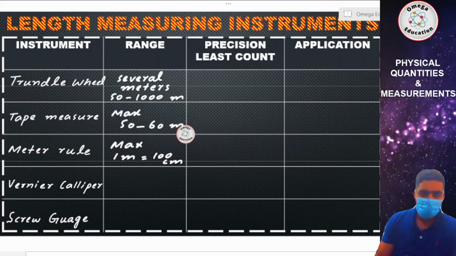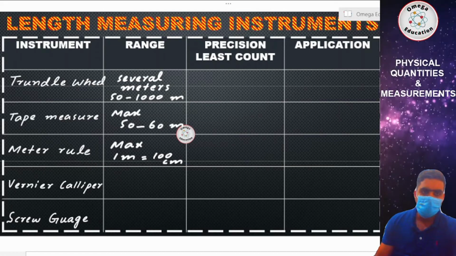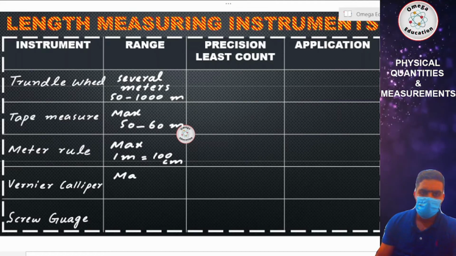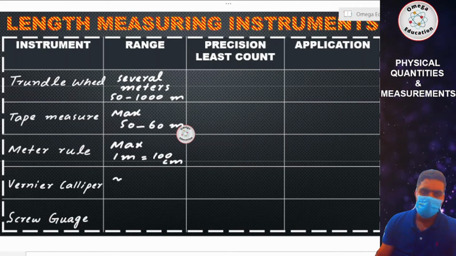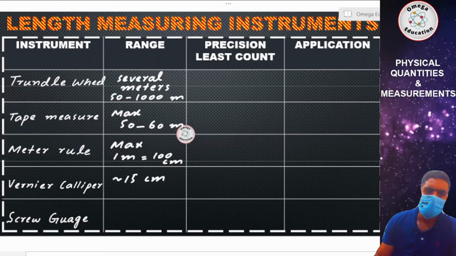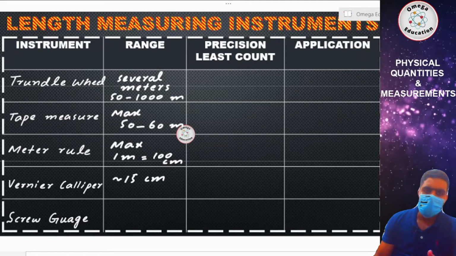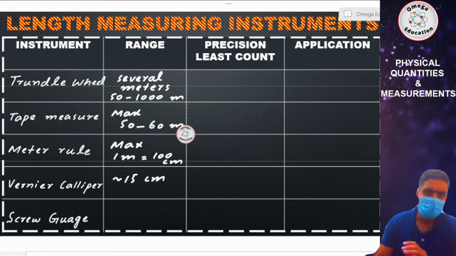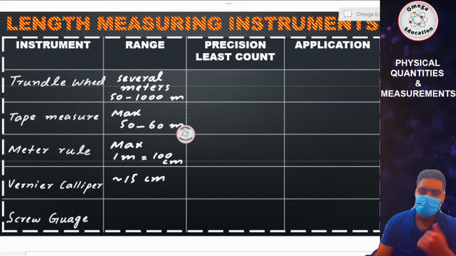So with the vernier calipers, we can measure a maximum range of approximately 15 centimeters. When we use the word range, it is already obvious that we are referring to the maximum value. So I don't even need to write maximum here. This is just for the sake of understanding.